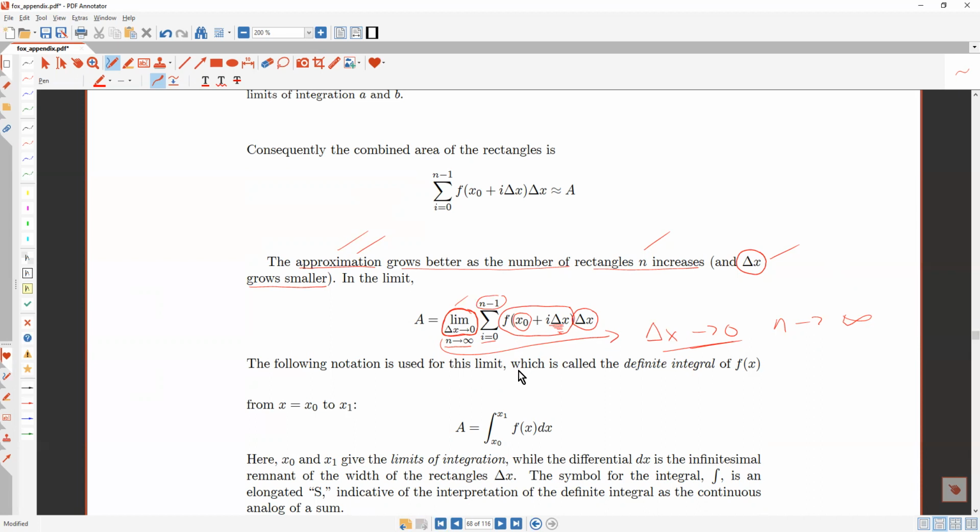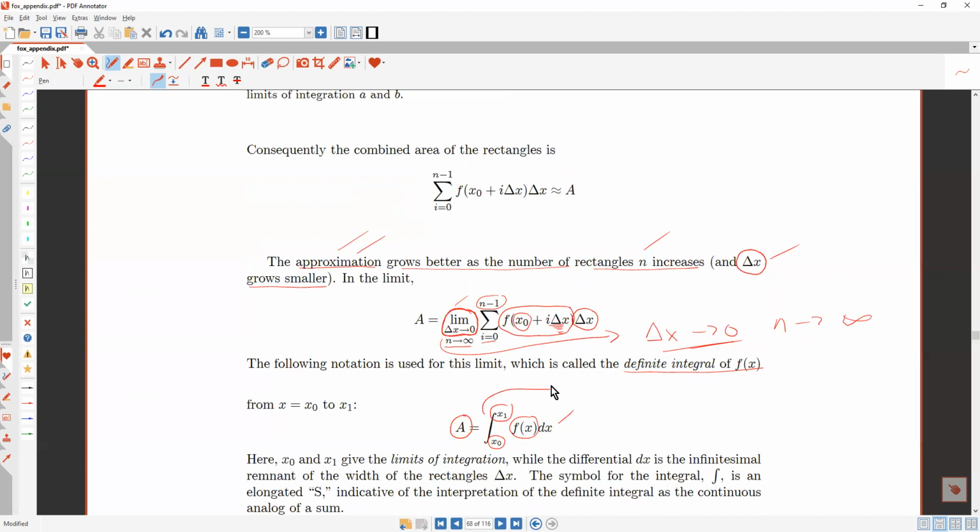And that's what this concept of the definite integral of the function is about. Going from x sub 0 to x sub 1, the function dx. And you can think of dx as those little changes along the x-axis. But that's how the area is computed.